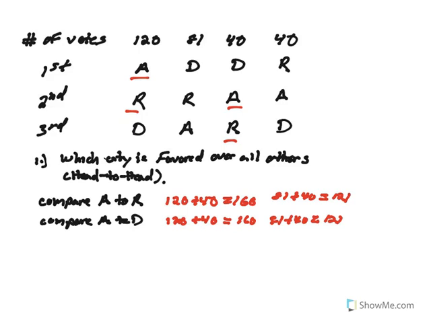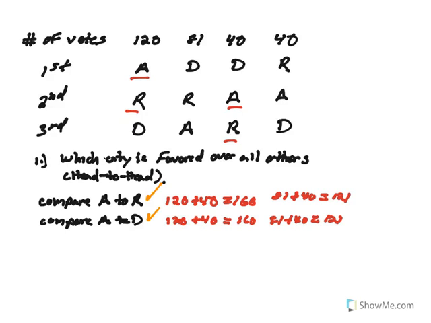A is favored over R. City A is also favored over city D. Based on these two conclusions, we can say that A is favored over all other cities using the head-to-head comparison.